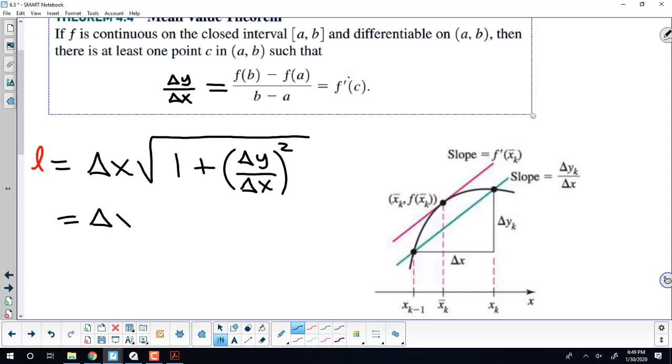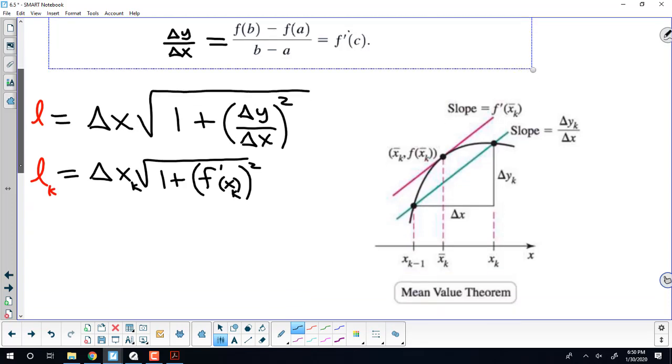Okay, so we have delta x times the square root of 1 plus f prime of x squared. Being a little less technical with the notation, but we're just going to take all of these sub k's and then add them up.